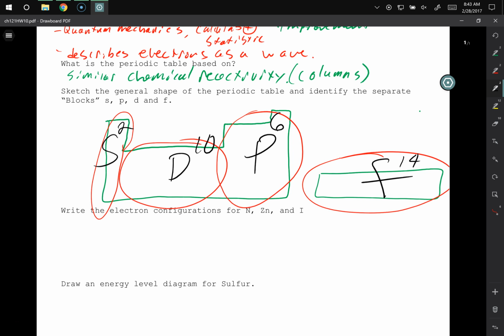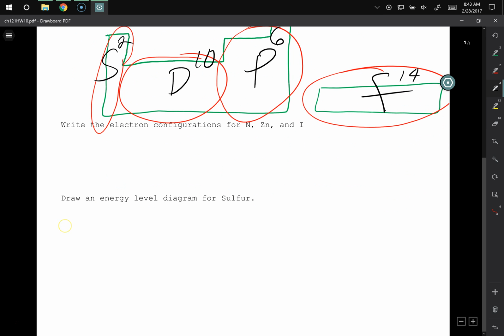The orbitals each house 2, so the S sublevel holds 2 electrons, and that's just 1 orbital. So how many orbitals are there in that D block? 5. Because each one of those holds 2, so a total of 10 possible electrons in a D sublevel. So the width across the periodic table helps you determine how many electrons you're supposed to put into that sublevel.